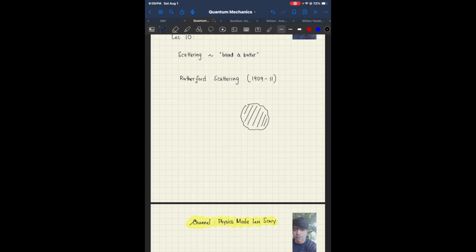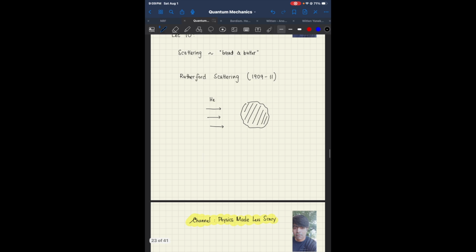He wanted to study this object, and all he had access to was some radiation, nuclear radiation in this case, because these were doubly charged helium atoms, also called alpha particles. And he shone these on whatever he was studying. In his particular case, this used to be gold.